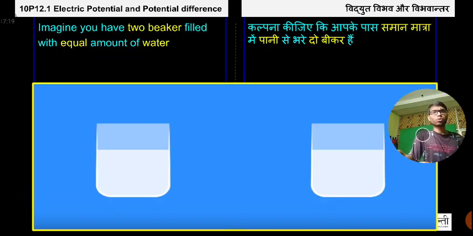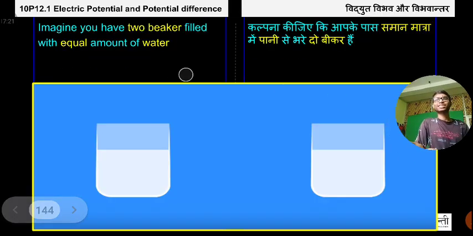Here we have two diagrams. Imagine you have two beakers filled with an equal amount of water. The amount of water in this one is the same as in this one. Both are the same. Clear?